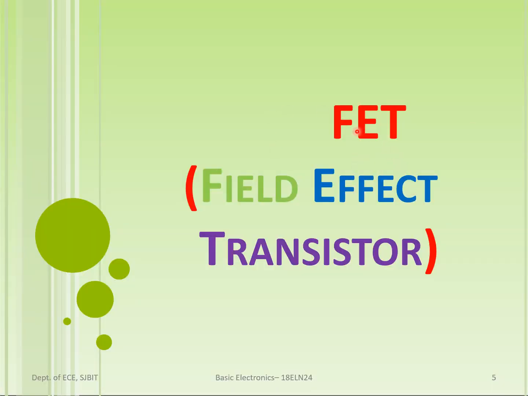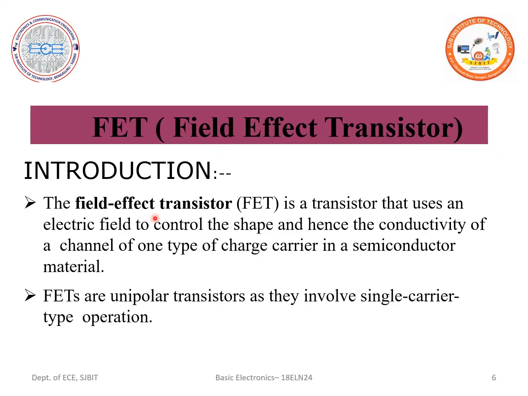So what is FET? FET is a field effect transistor, a kind of transistor that uses an electric field to control the shape and hence the conductivity of a channel of one type of charge carrier in a semiconductor material. These FETs are unipolar devices, or unipolar transistors, where they involve a single carrier type of operation.